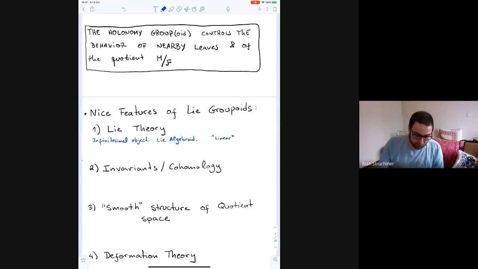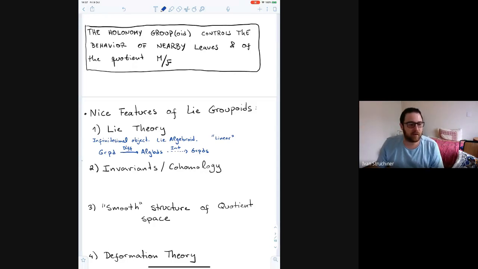And there are functors which go from groupoids to algebroids. This is a kind of differentiation functor. And in good cases, you can integrate back to groupoids. So one thing that is very common in the theory of Lie groupoids is you start with a problem involving Lie groupoids, which is non-linear in nature.